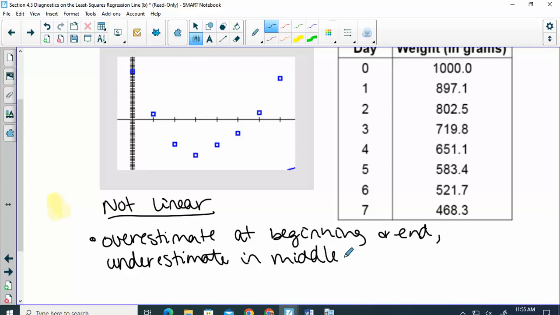So if you're looking at the residuals, a pattern is bad. You want just random points, no pattern at all. Did everybody get that on their calculator?